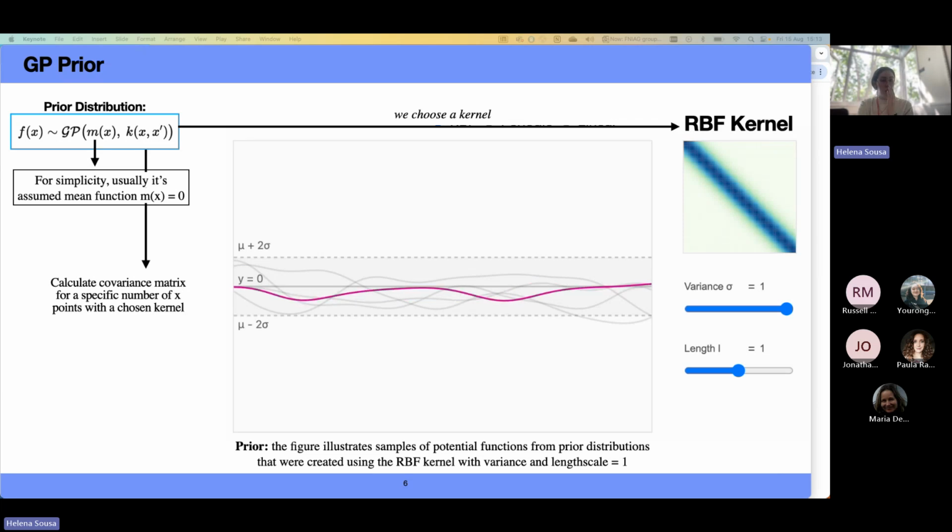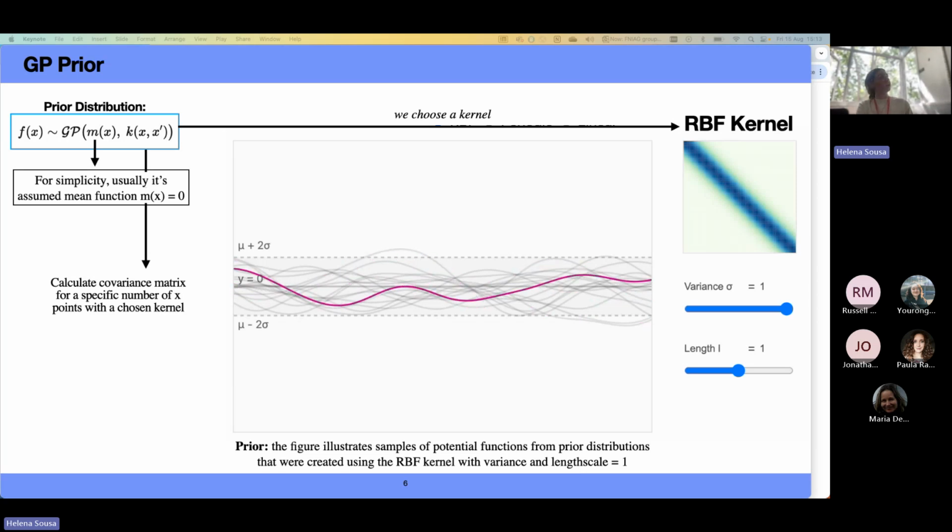So now let's look a bit in more detail at this GP prior and the choice of our kernel or covariance function. Like I mentioned, this kernel controls how correlated the function values at different inputs are, and it essentially encodes our assumptions about the smoothness and the structure of the functions that we expect from our regression output.